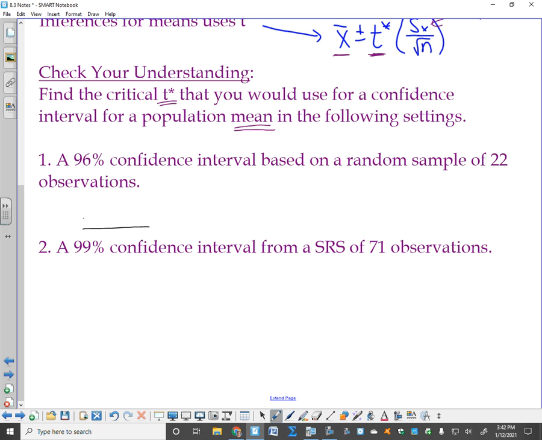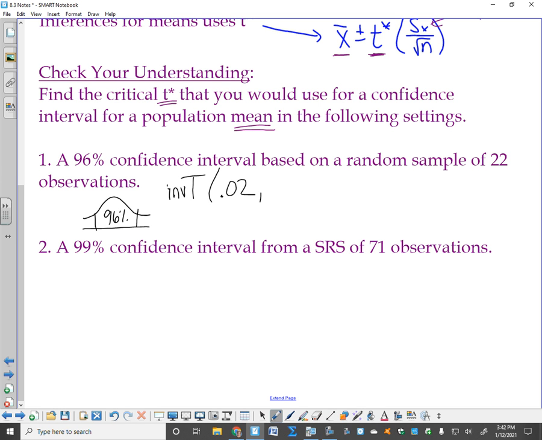Okay, so I'm going to draw my t-distribution with a little bit thicker tails. I want 96%, which means 4% left over, so 2% to the left. So normally this is where I would inverse norm. But I'm not a normal distribution, I'm a t-distribution. So we are going to inverse t 0.02 because that is my percent to the left.